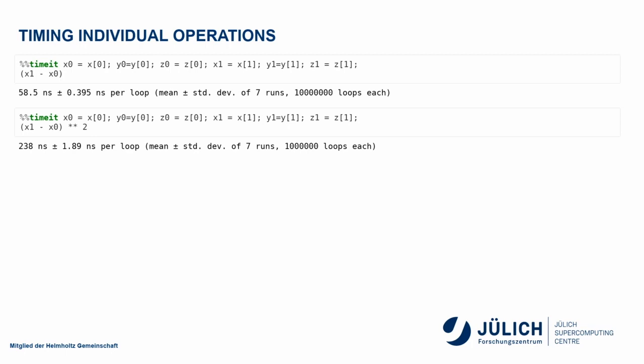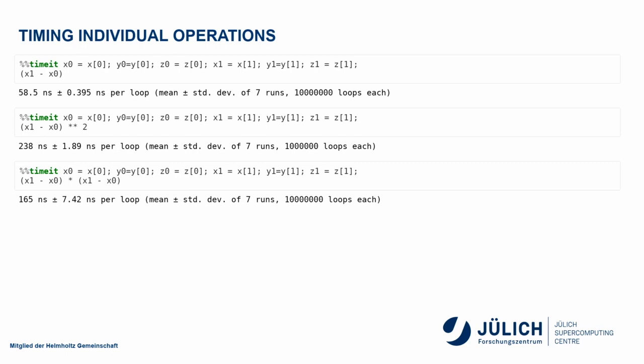So I take x1 minus x0 squared, 238 nanoseconds, 4 times as long. OK. This is not the only way to calculate the square, though. I could do it like this. And interestingly enough, this is faster than this.